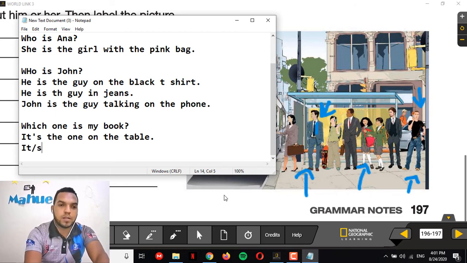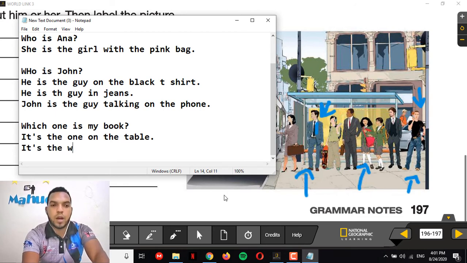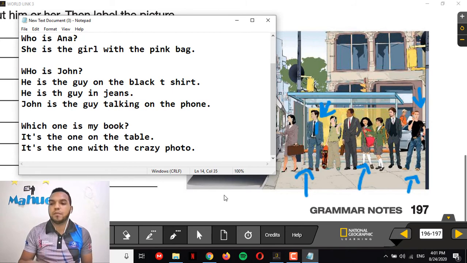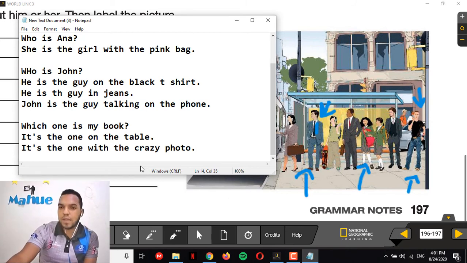Or it's the one with the crazy photo. Okay, so that is the example. That grammar will help you to identify all of those things, okay?